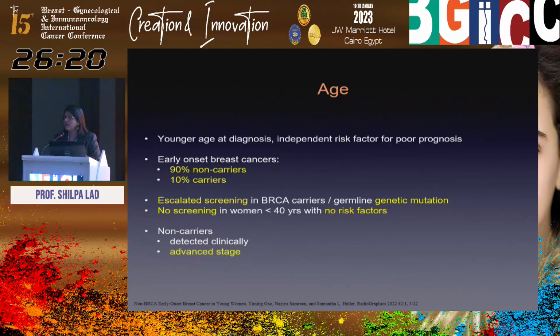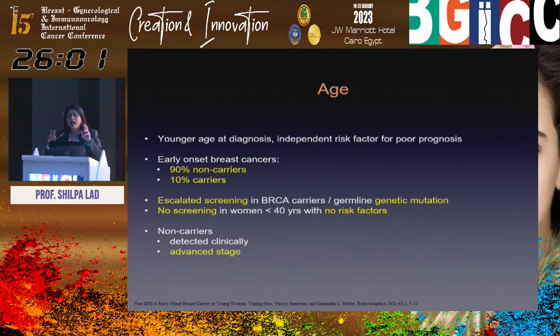They are average risk women who have absolutely no family history of breast cancer or a very insignificant family history. And only 10% of cancers happening in younger women happen in carriers, that is BRCA mutation carriers, who are generally considered high risk.